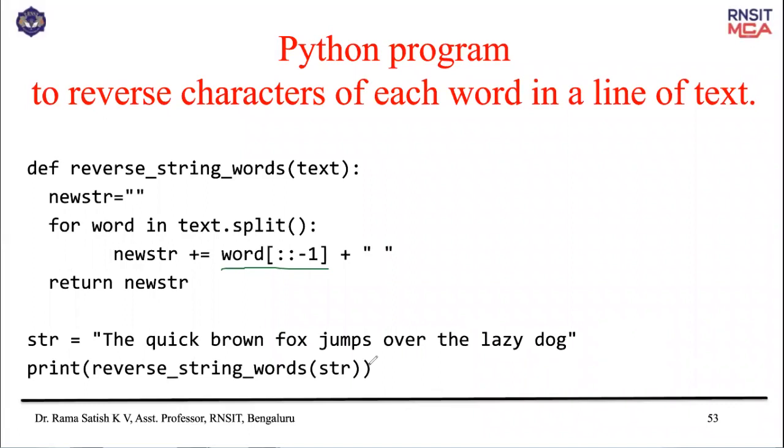So that means it reverses the word. Finally, whatever new word that is being created, it will be returned. So that returning, we are just directly printing in the print statement. This is the program. This is one program.